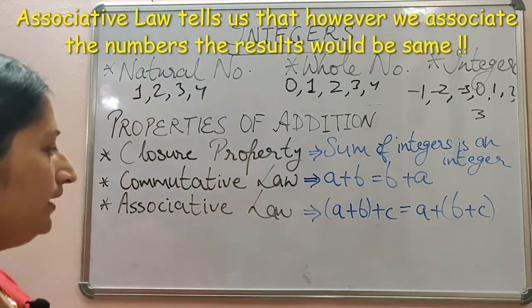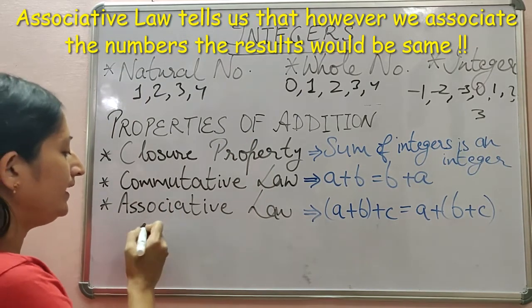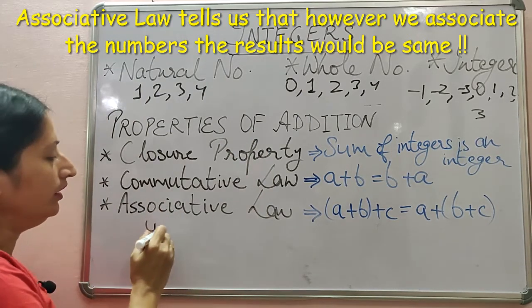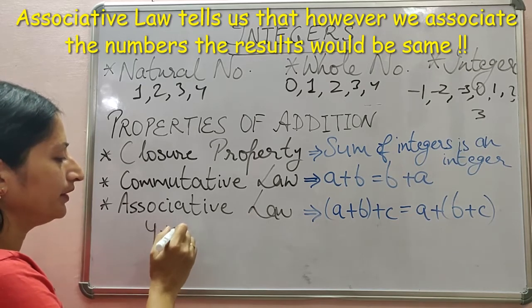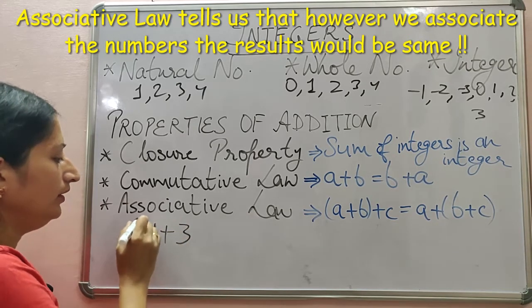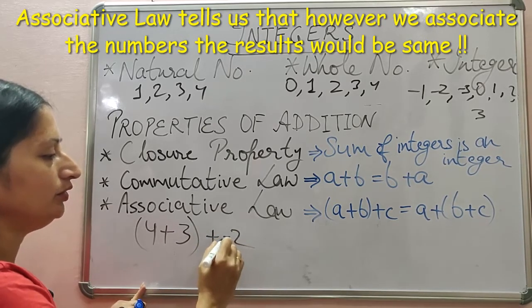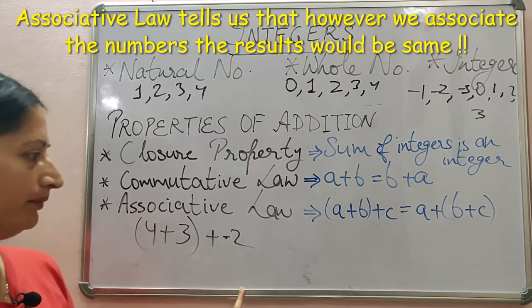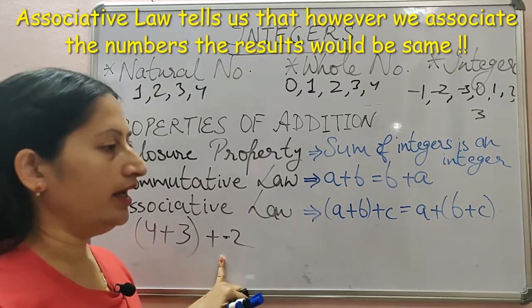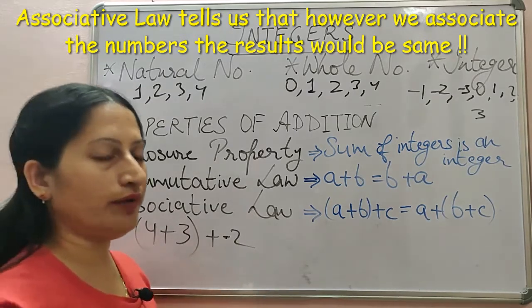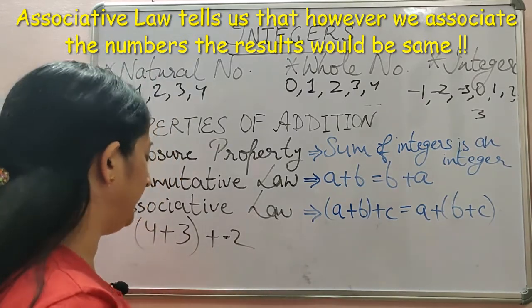So let's take some numbers. Suppose I have taken 4 plus 3 in one bracket, plus minus 2. I am taking a negative number so that you can understand it's an integer.